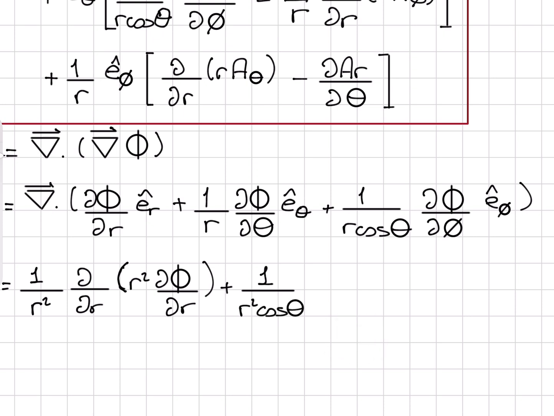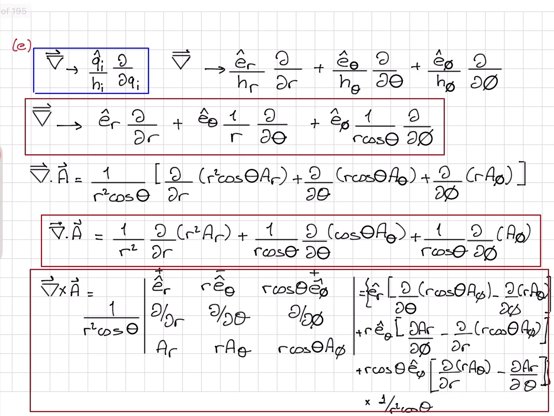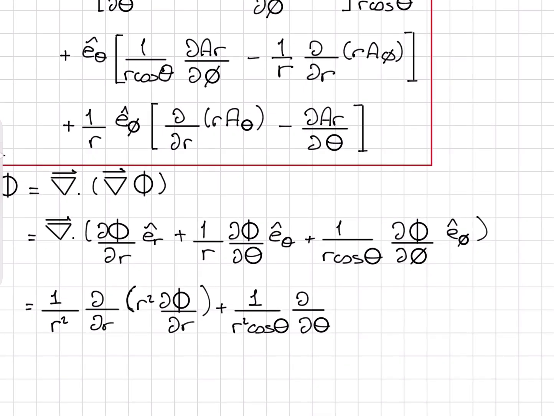And then we have to take a derivative with respect to theta of cosine theta times A_theta. What is A_theta here? This is del phi del theta times 1 over r. 1 over r we have already used. So it is cosine theta times del phi del theta.